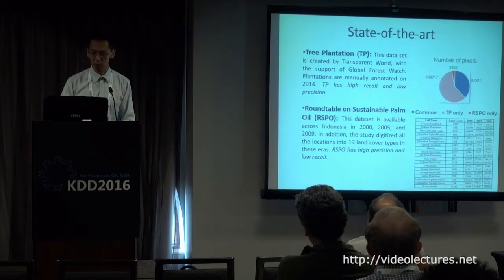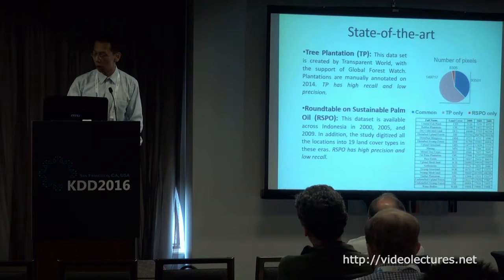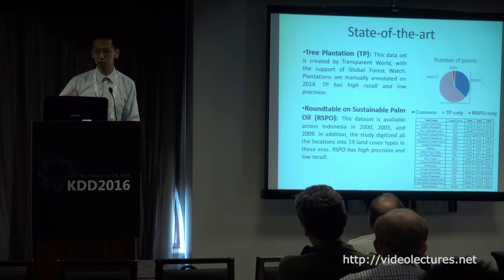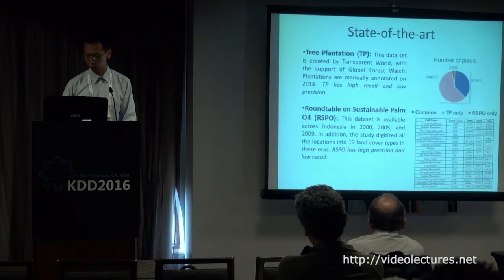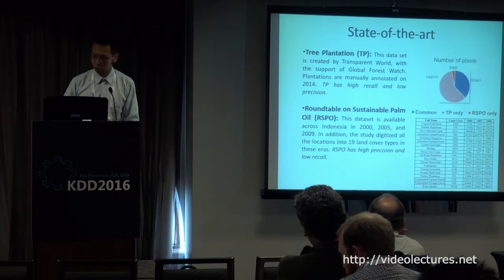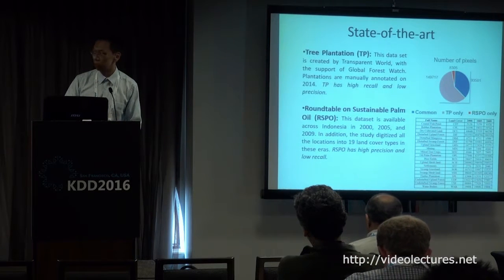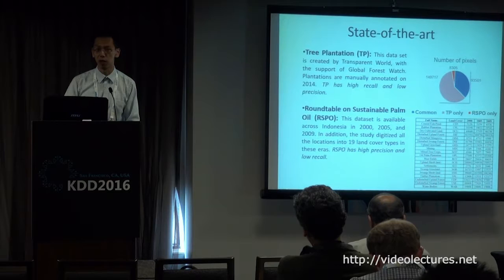So it has very high precision, but very low recall. In the pie chart on the top right, we can see the inconsistency between these 2 data sets. Most of the RSPO is included in TP, but TP detects much more plantations than RSPO.